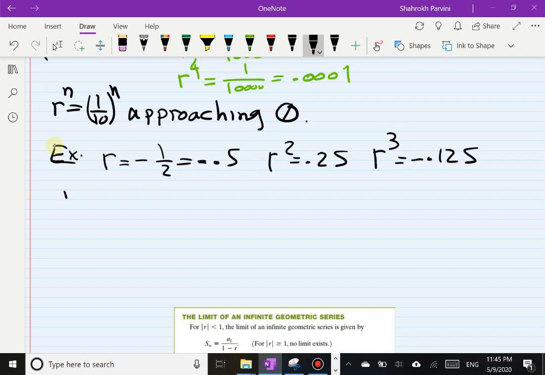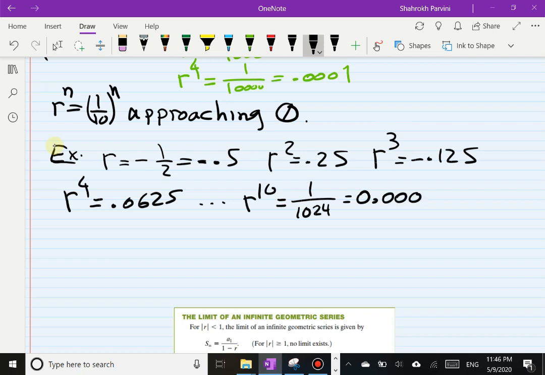So you can see that this is also getting smaller, isn't it? r to the 4th is going to be 0.0625. And r to the 10th power, for example, is going to be 1 over 1024, which is less than 1 over 1000. The number is going to be 0.00098. So again, notice what's happening is that this thing is approaching 0.